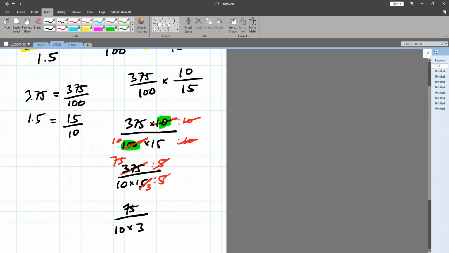Now look at this. Can you divide 75 by 3? No. Are you sure you can't divide 75 by 3? Yes, you can. So 75 divided by 3, this is 1 now, and then this becomes 25. So what you have here is now 25 divided by 10.